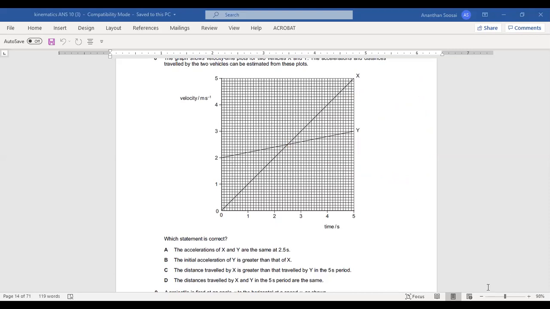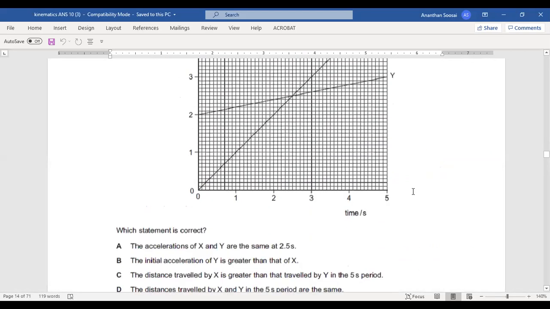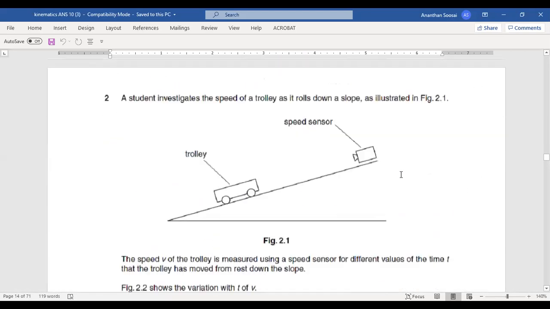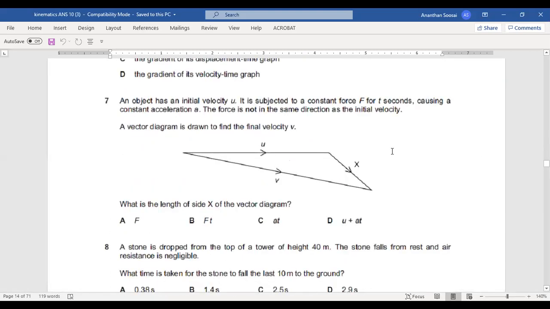More questions? Okay, this is a very good question. Question 7. Come on. Question 7: an object has an initial velocity u.